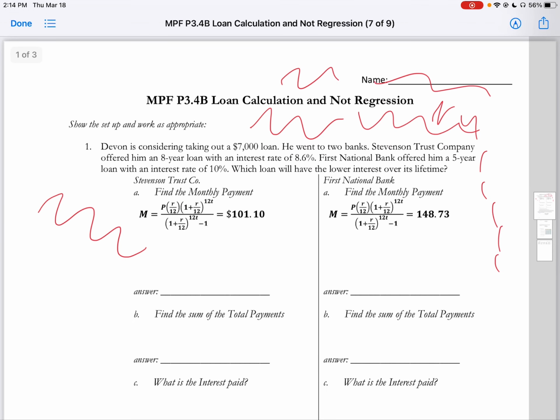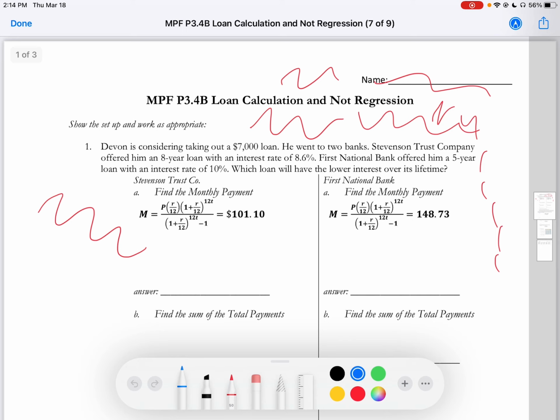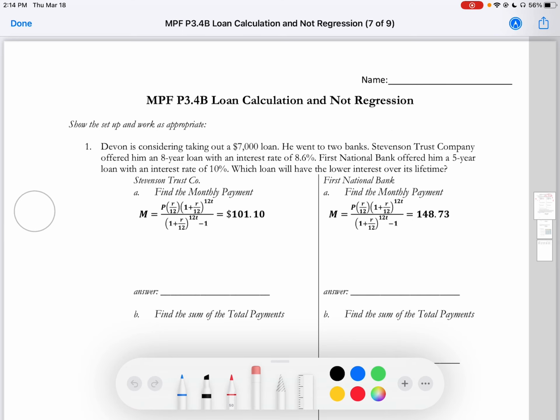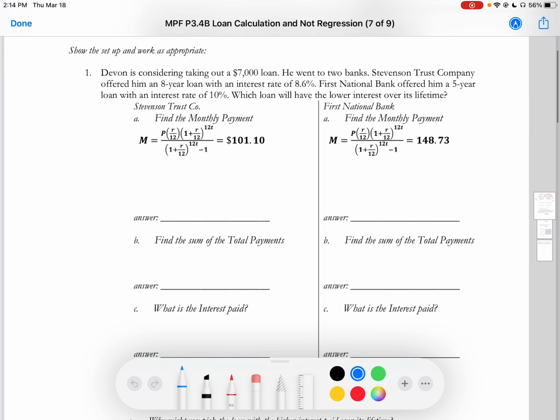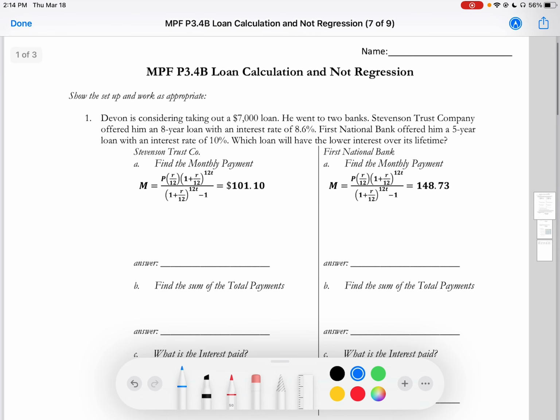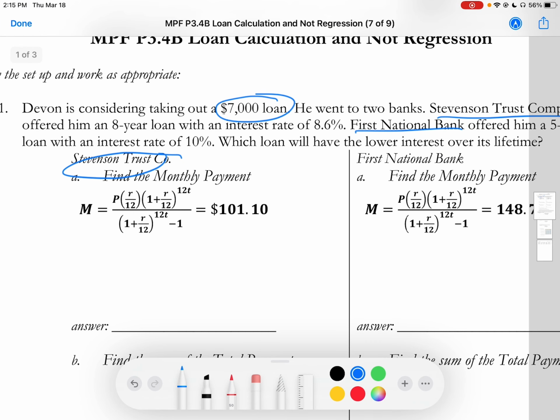3.4b is kind of more what we did today. On number 1, we have a $7,000 loan, and that's what he wants. He's going to go check with 2 different banks. Stevenson Trust Company is offering him an 8-year loan at an interest rate of 8.6%.